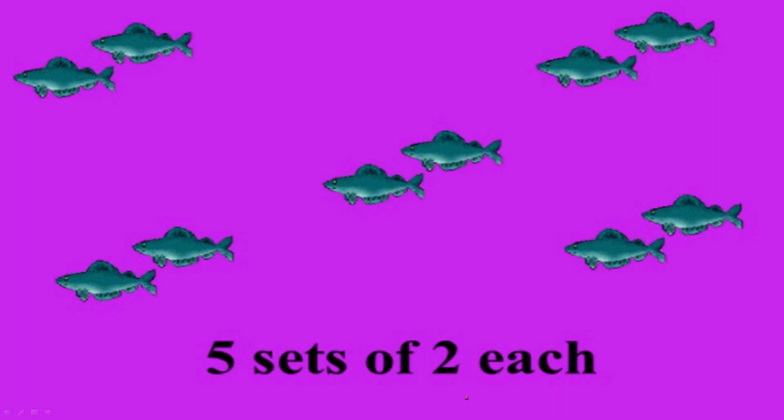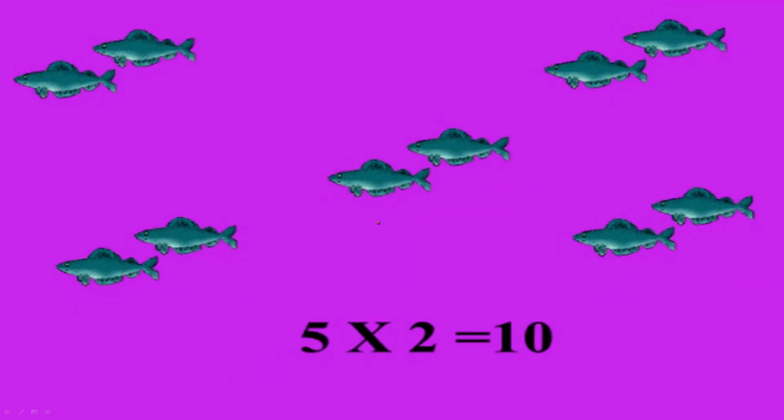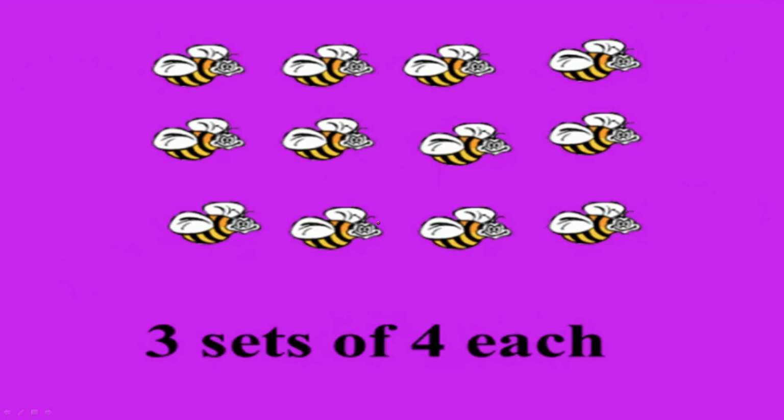Now 5 sets of 2 each. Set 1, set 2, set 3, set 4, set 5. 5 2s are 10. 3 sets of 4 each. Set 1, set 2, set 3. Each set has 4.